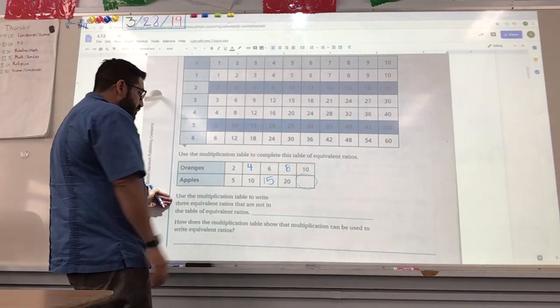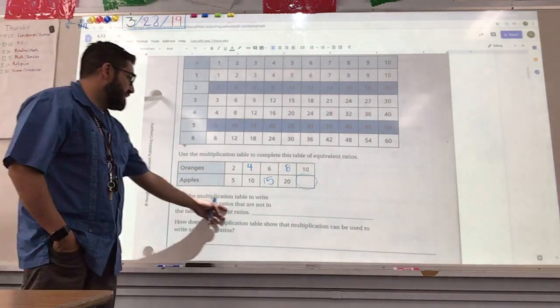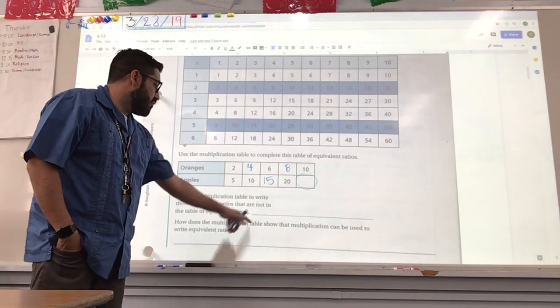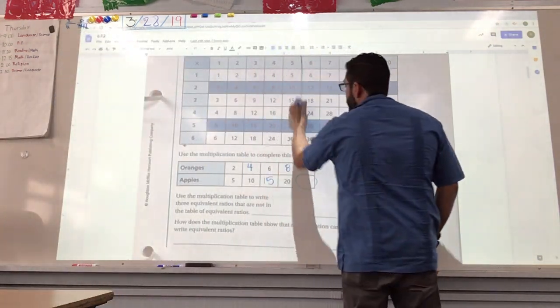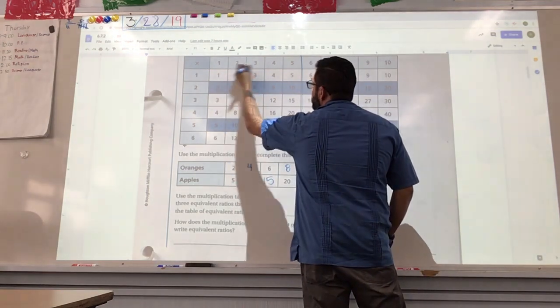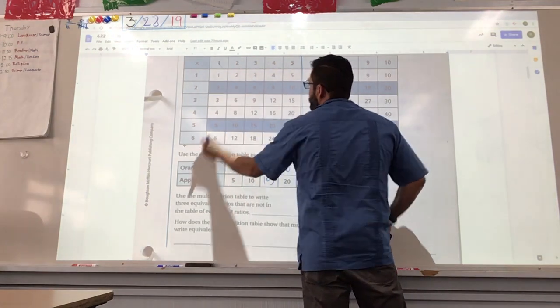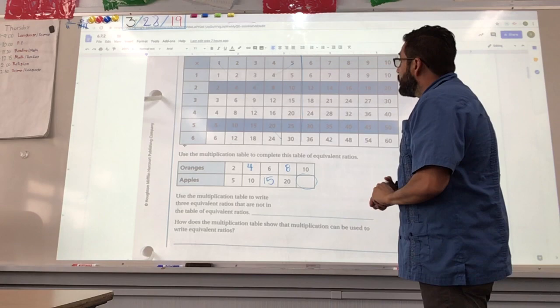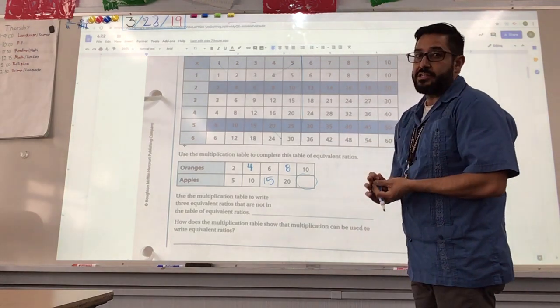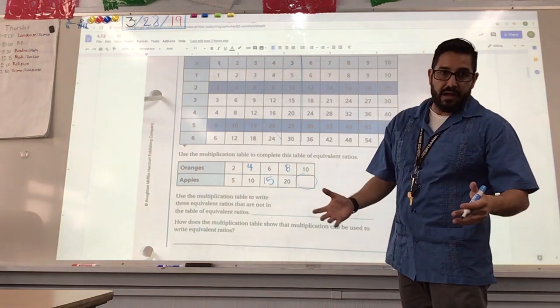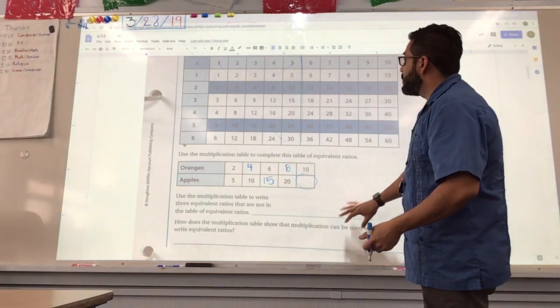Use the multiplication table to write 3 equivalent ratios that are not in the table of equivalent ratios. Everything from here left, you're not able to use that. But you can use any of the ones over here. So I'm going to write 1 and then I'm going to let you write down 2. Again, you don't have to do it, but I will be taking off points if you're not able to.